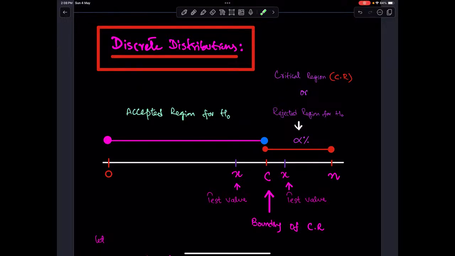This is the accepted region. This is the critical region, and this is the boundary of critical region. Critical region means a region where we reject H naught, or a region of small probability, a region of rare events, unique events, and its probability is very small, usually 5% or 2% or maximum 10%, which is alpha percent.